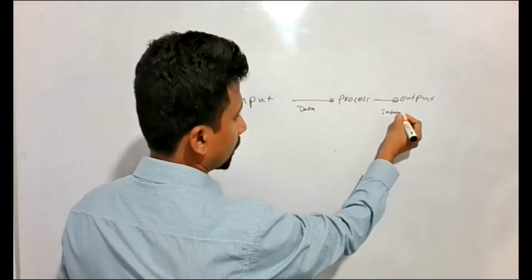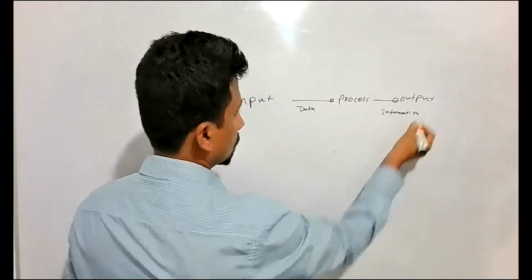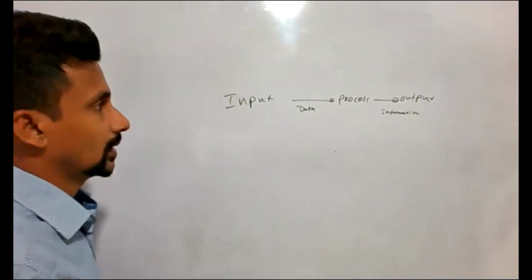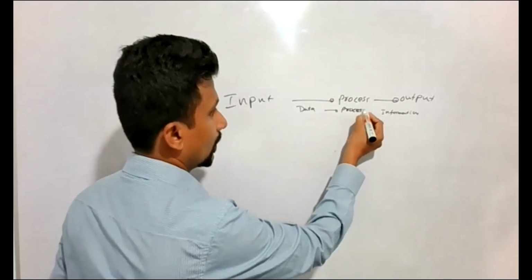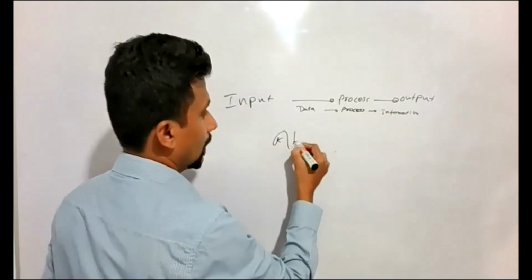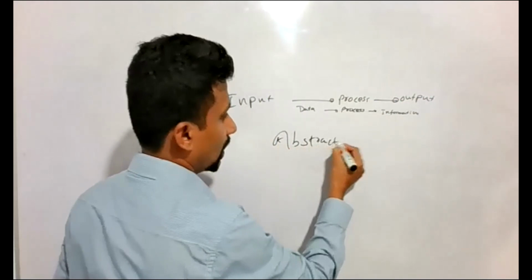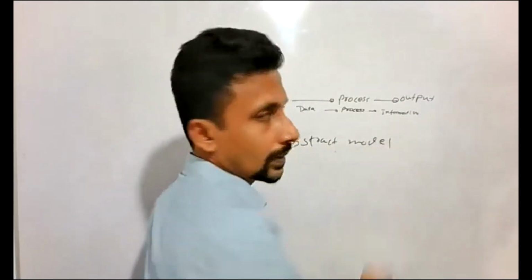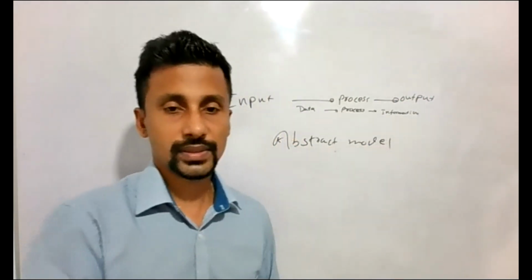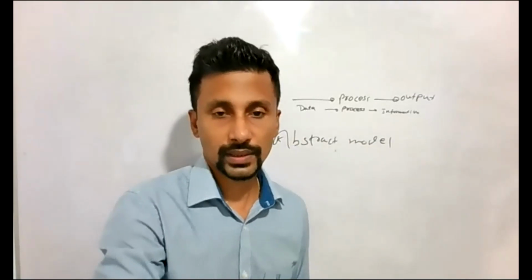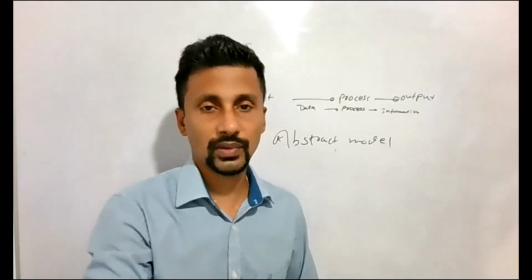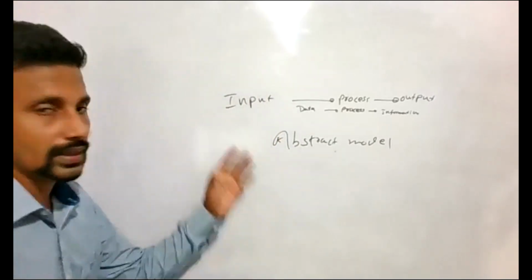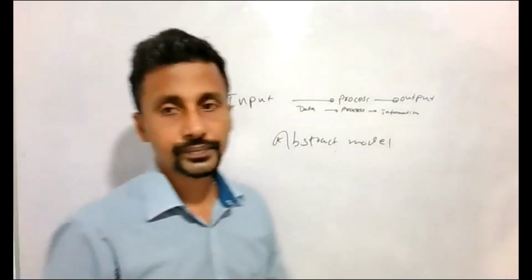You get information. So after processing, you get information. This is called the abstract model of data. So this is the answer for the third one. Illustrate the abstract model of information, right? So this is the answer for that one.